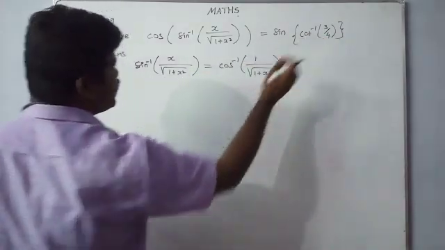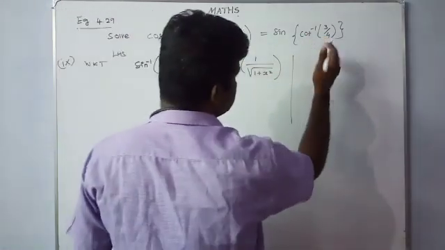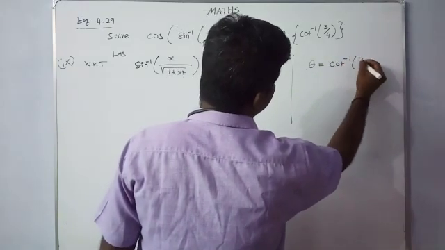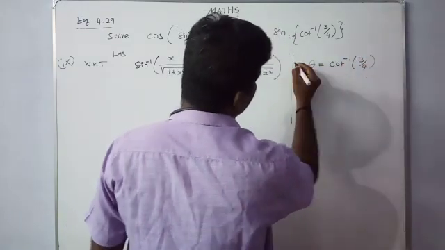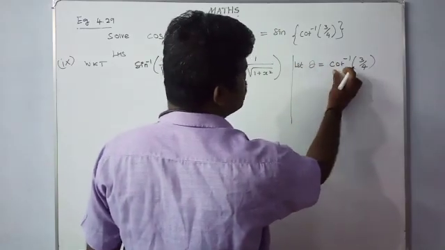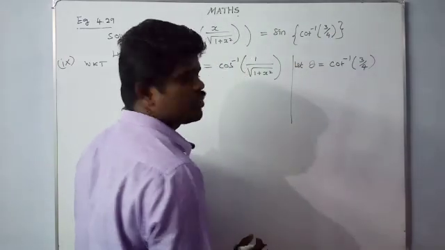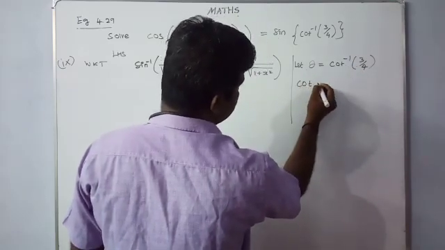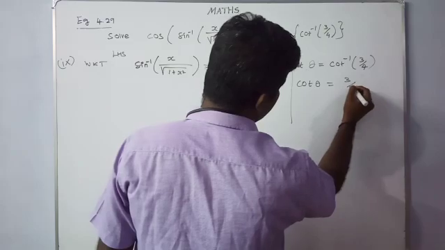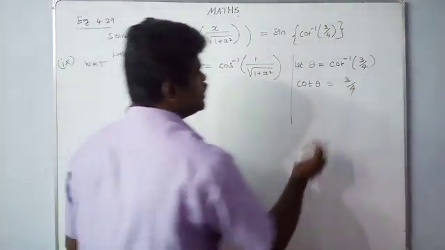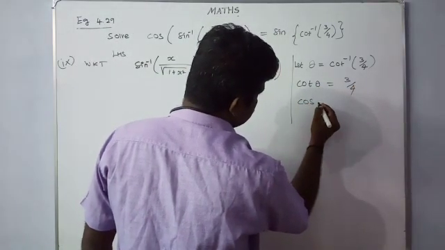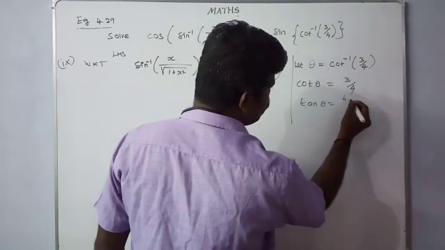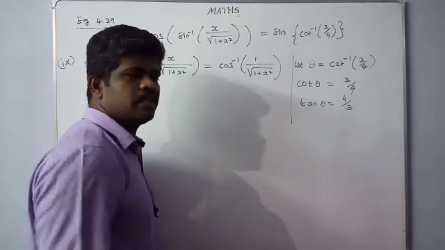And the RHS side, let us take theta. Let theta is equal to cot inverse of 3 by 4. Take cot inverse to this side: cot theta is equal to 3 by 4. Tan theta is equal to 4 by 3, reciprocal of cot theta.